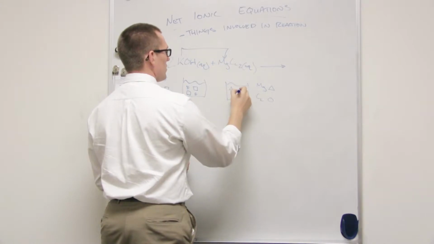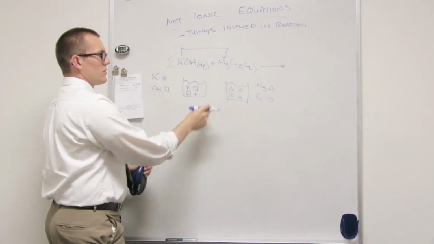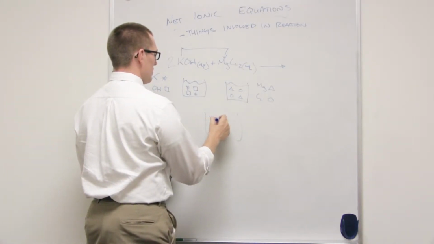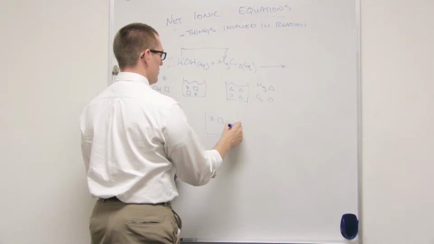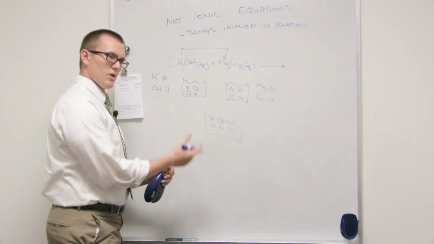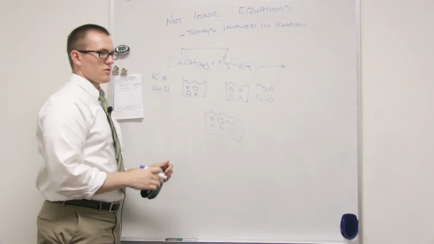And so what we're doing is we're just basically adding together these two cups. And so what we're going to make is this. Not necessarily in that order, but this is just kind of illustrating what's taking place in the reaction.